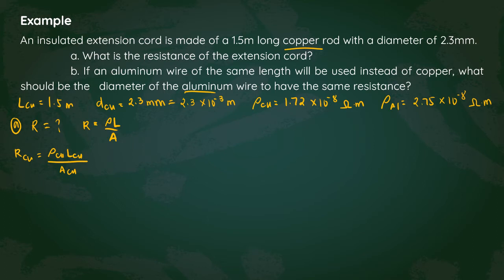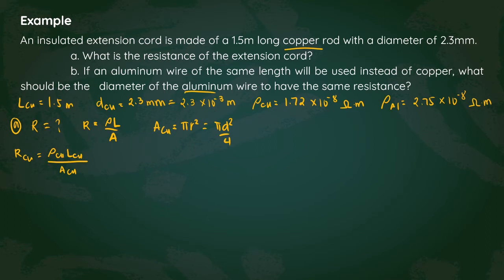We know the resistivity of the copper and the length of the copper wire. However, we do not have the value for the area of the copper wire. But we can solve the area by using the formula pi r squared or pi d squared over 4, because our wire has a cross-sectional surface of a circle. Therefore, the area is equal to pi d squared over 4.